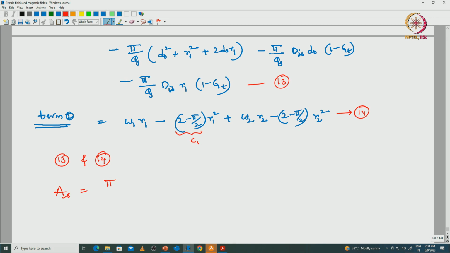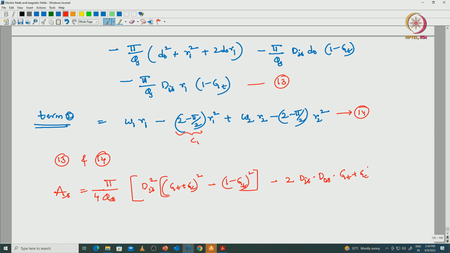AS equals to the final equation pi by 4 QS into dis square, that is inner diameter of the stator, into (gt plus gc) square minus (1 minus gt) square, minus 2 into inner diameter of the stator and then outer diameter of the stator into (gt plus gc) constants, plus d naught s square.